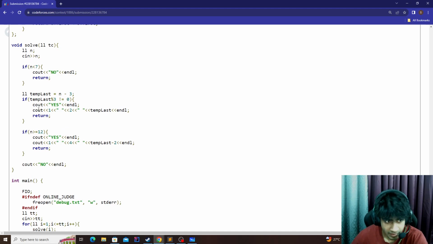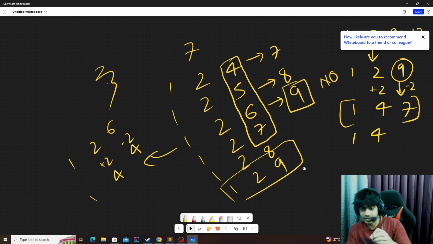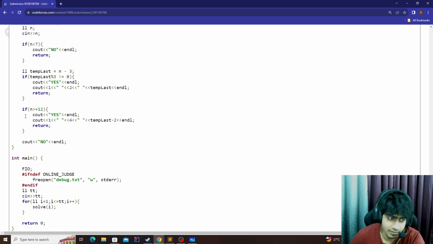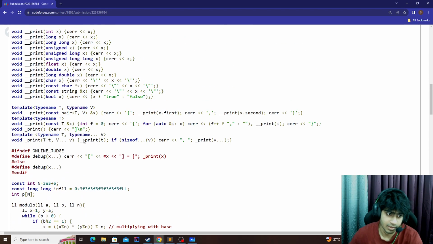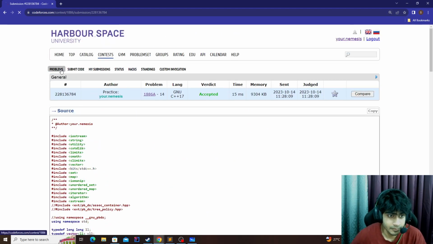After that, if the number is divisible by 3 and it is not the case of 1, 2, 6, that means the number is greater than 12, because the 1, 2, 9 case is where the third column is divisible by 3. You can implement this your own way, but this is what I have written. Then you print 1, 4, and x minus 2. So this was it for question A.